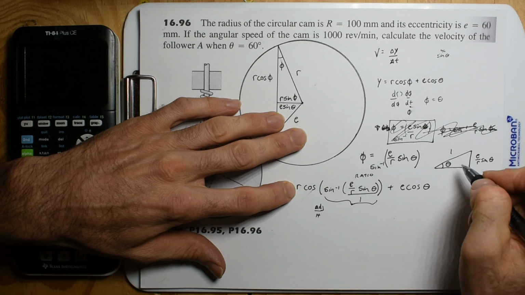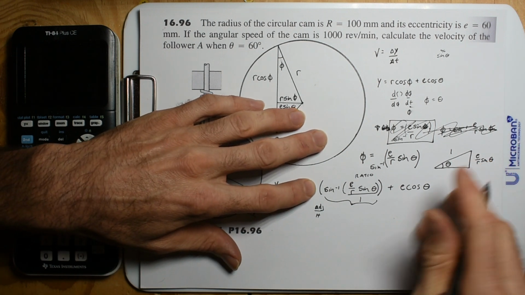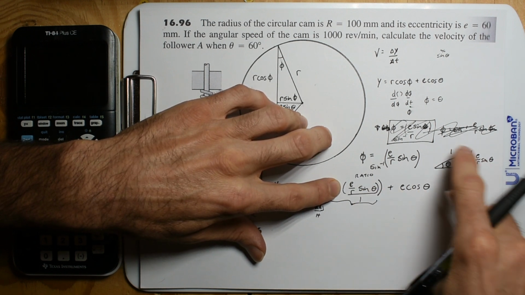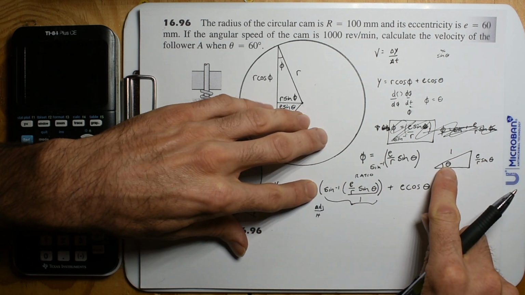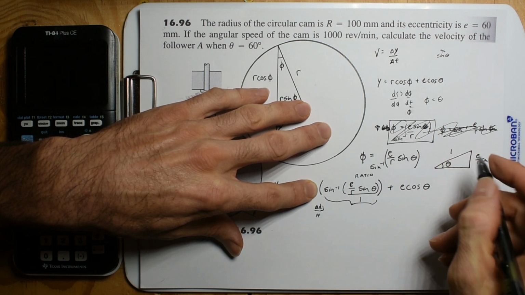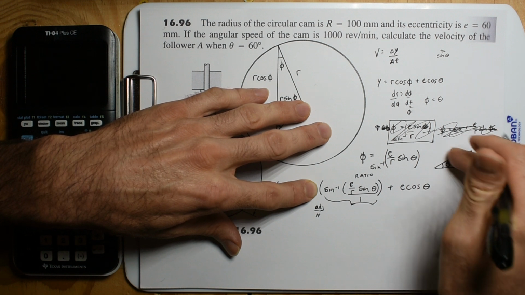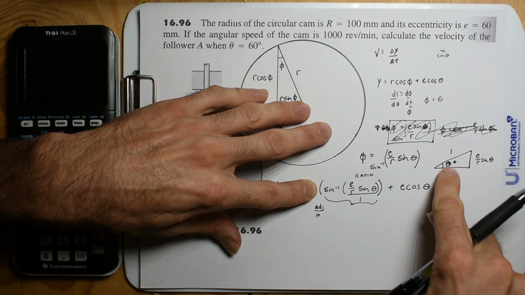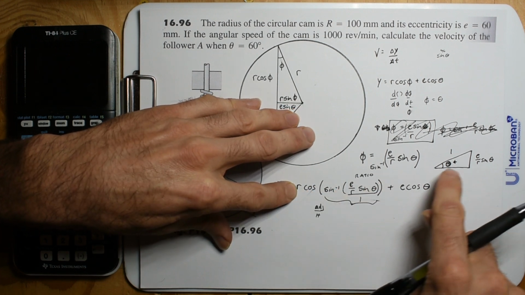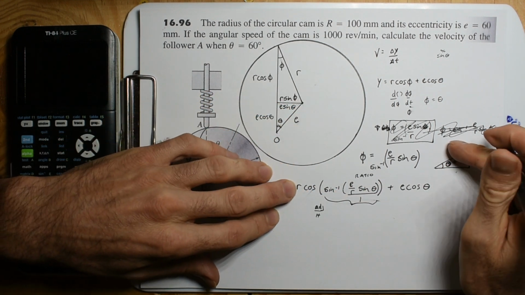So we're still dealing with the same triangle. We have this ratio divided by 1, and we're taking the inverse sine of it, which basically finds this angle of this triangle. Then if it's the same triangle with that angle and we take the cosine, now we're just trying to find this adjacent over 1.